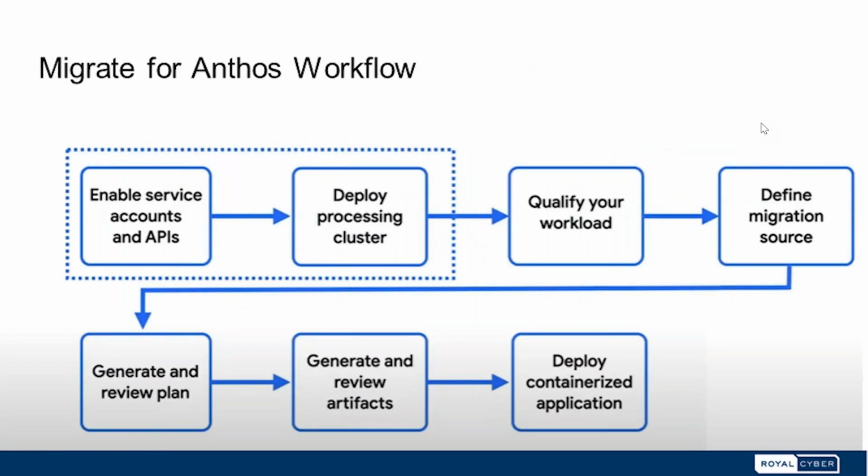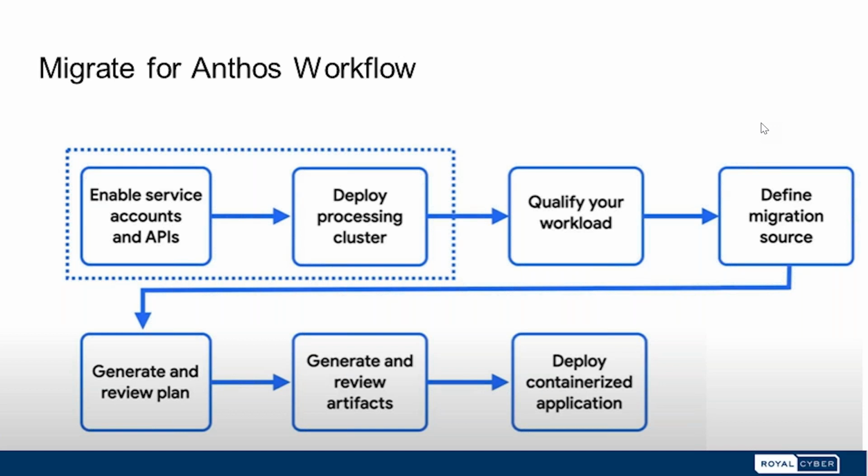Migrate for Anthos workflow. Now this is very important. The very first thing is we're going to enable the service account and all the relevant APIs. We're going to deploy the processing cluster. Then we are going to qualify our workload. We're going to define a specific migration source.